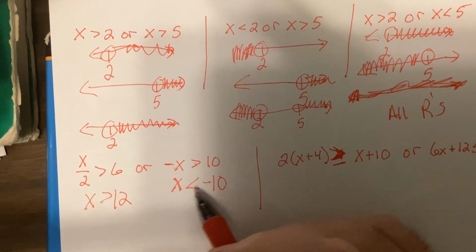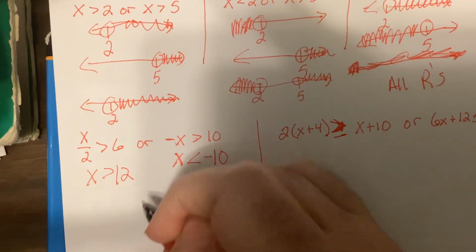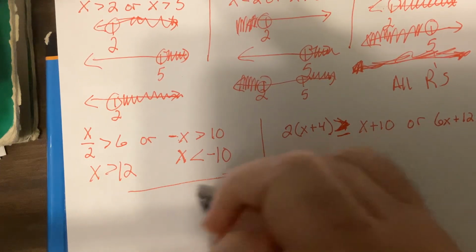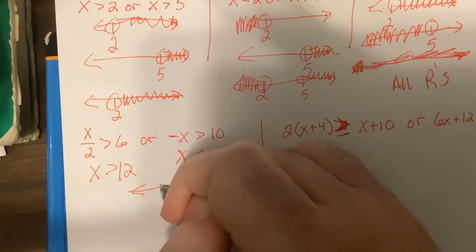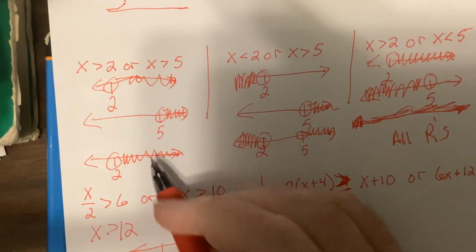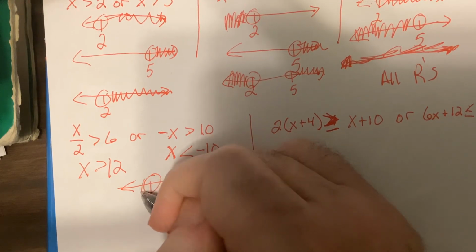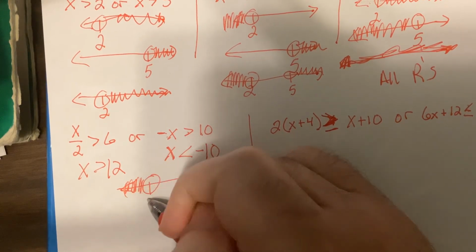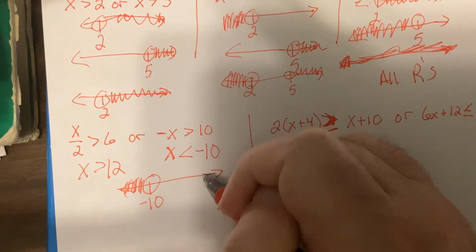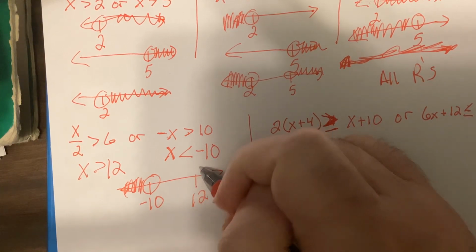So it's less than negative 10 or greater than 12. Now with or, you don't have to draw 3 graphs. Here I drew 3 graphs. Don't have to. If you want to, you can. But here's less than negative 10. Here's greater than 12.